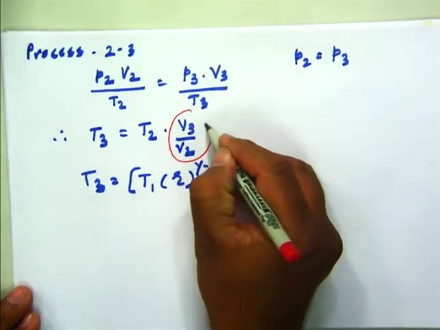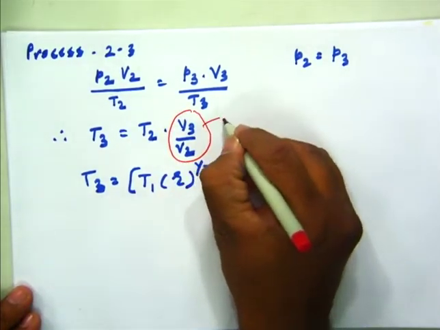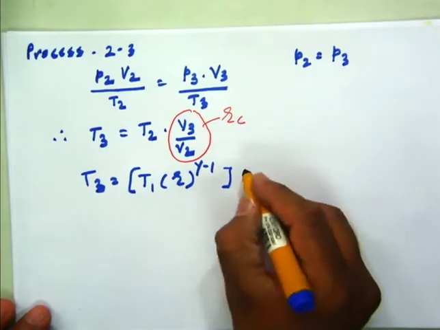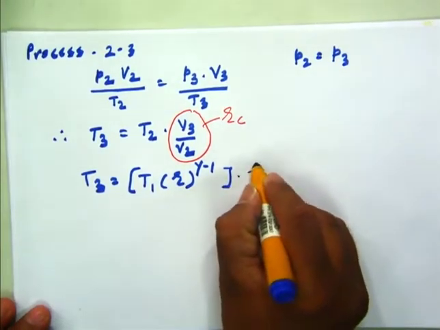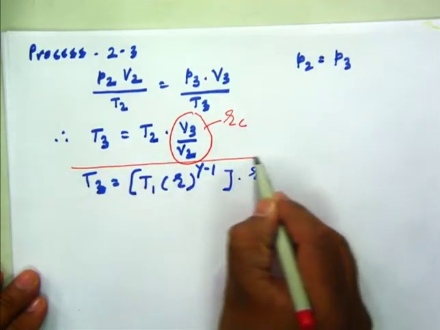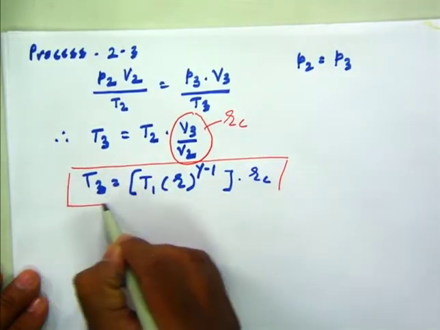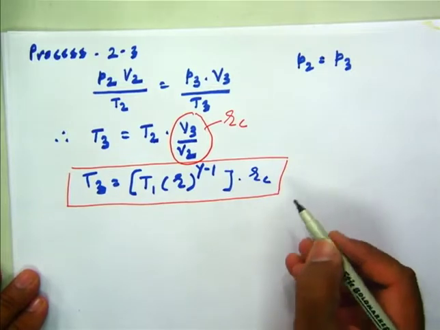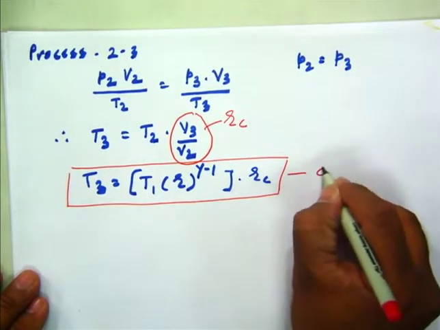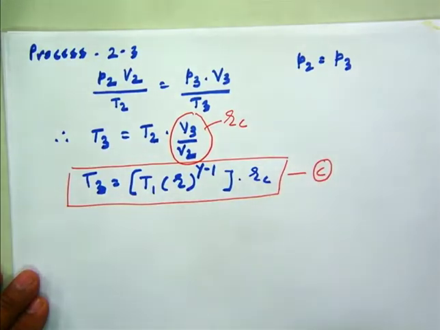V3 upon V2 is nothing but the cutoff ratio RC. So T3 is T1 R raised to gamma minus 1 into RC. Let us say this equation is C.